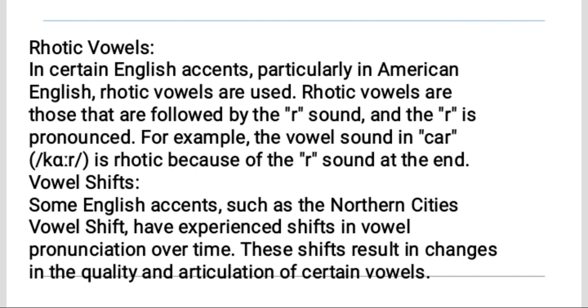So you have to memorize rhotic vowels with the use of R at the end of the word, and the R will produce the sound of a vowel. It will replace the vowel. You have to remember this by keeping these points in your mind. For example, the vowel sound in car is rhotic because of the R sound at the end.